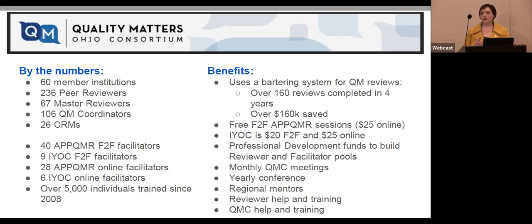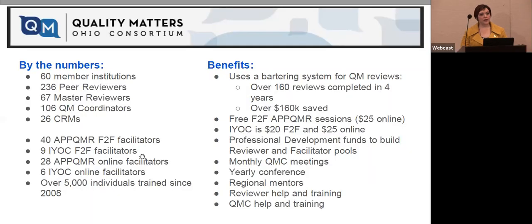If I'm a master reviewer and I'm serving on a review as a master reviewer, I earn 2 points for Kent State, and then the institution that is holding the QM review, they owe 2 points back to the system. So we've developed this system of exchange that really is based on goodwill and service, and really all of us having that goal of professional development and moving forward with QM in a way that makes the most sense for our individual institutions as well.